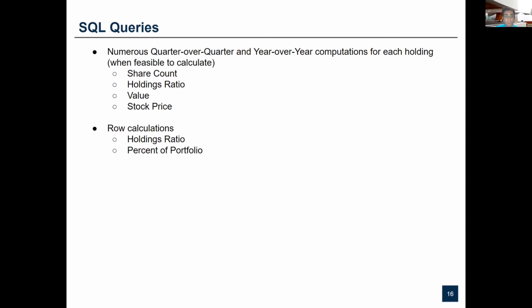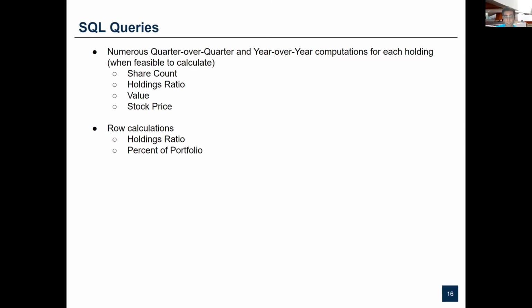These were done, I put these in a separate category because they are not necessarily a comparison between quarters and years like the previous ones, but rather are calculations just within the row just to get a better idea of what's going on with that investor and in that holding for that specific quarter or time frame.